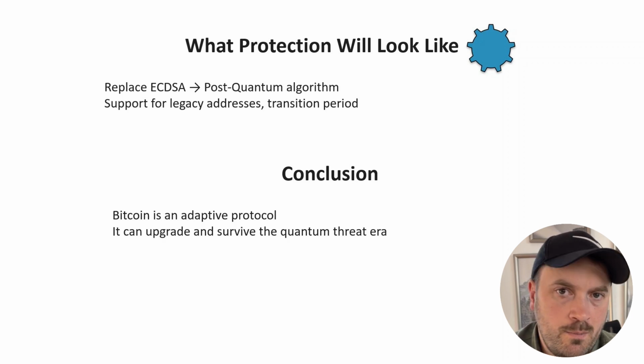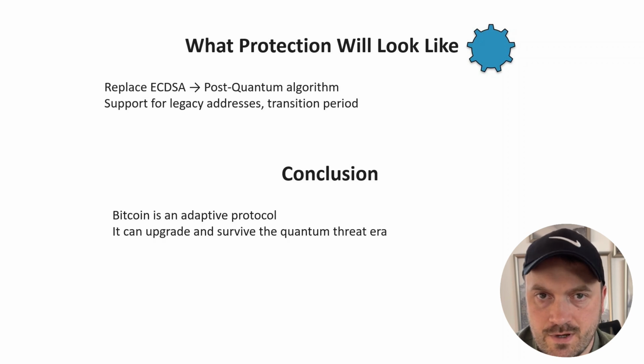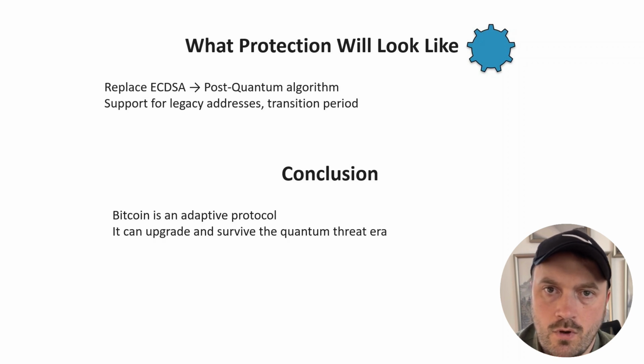What happens when protection is deployed? Now let's discuss it. When the post-quantum algorithm is implemented, new wallets will create addresses using the new signature algorithm. Old wallets can be migrated to the new format.